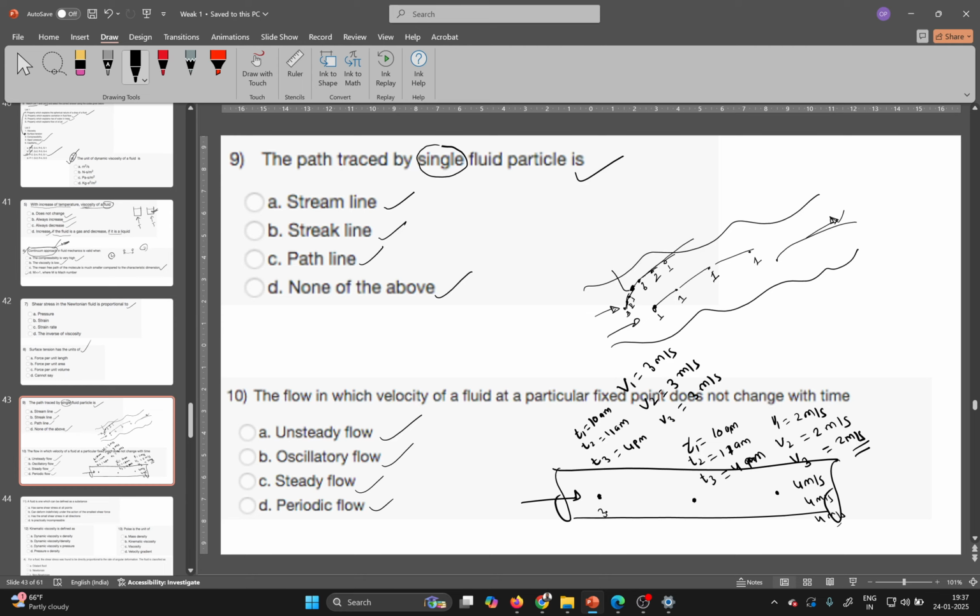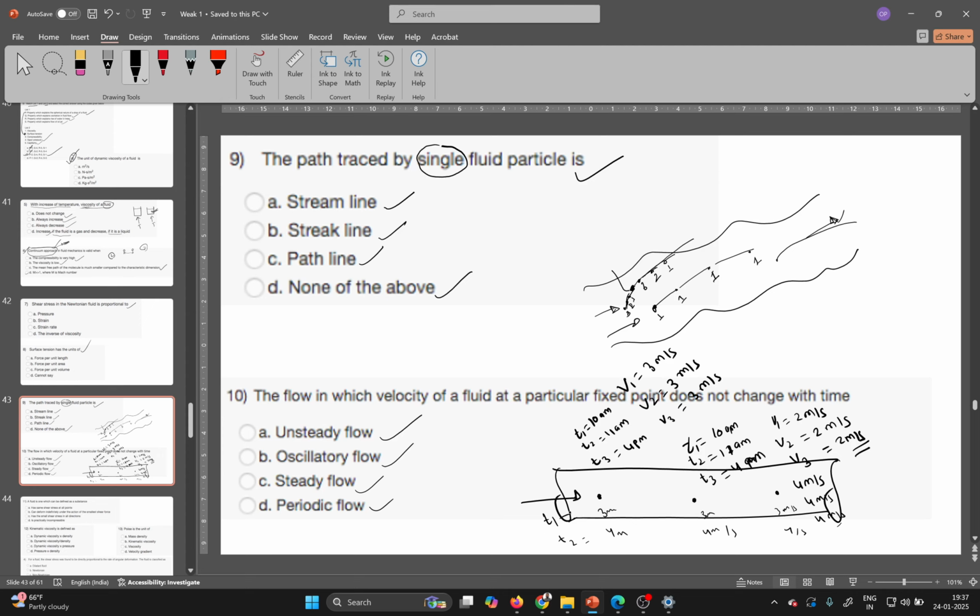If here is 3 meter per second, here also should be 3 meter per second, here also should be 3 meter per second. Maybe at another time here is 4 meter per second, here 4 meter per second. Let us suppose t1 corresponds to 3 and t2 corresponds to 4 meter per second.